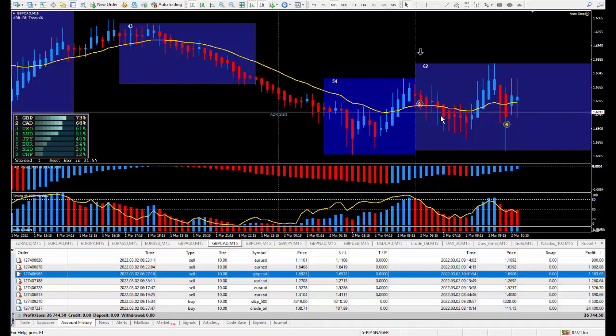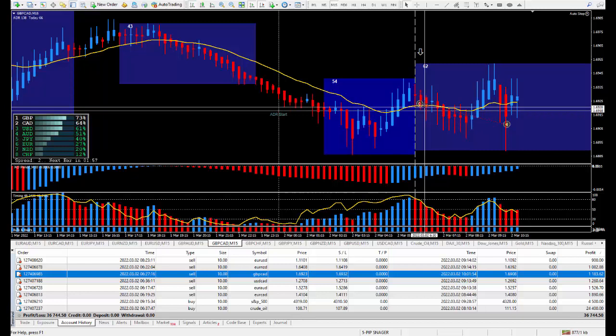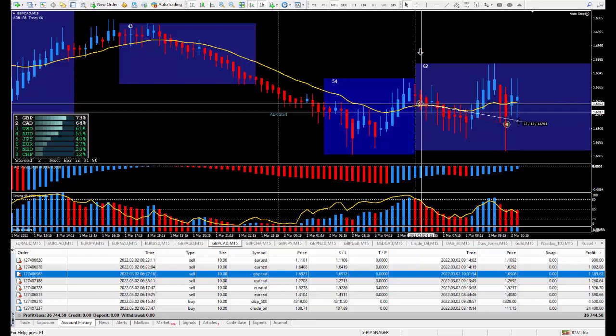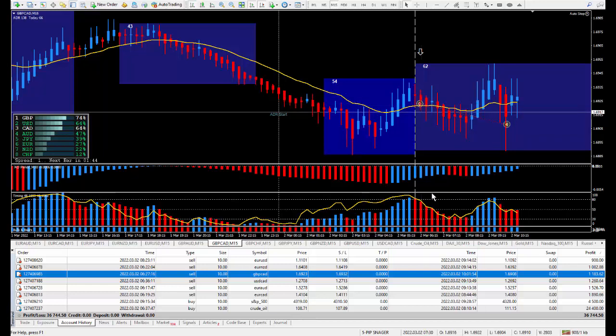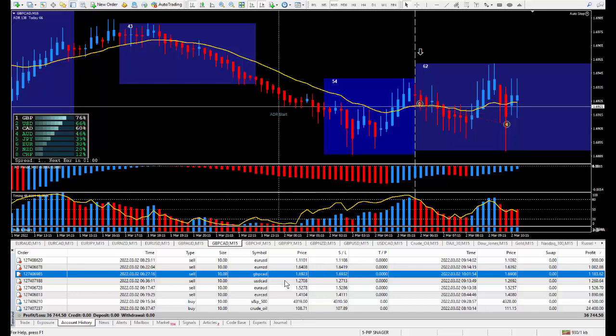And let's see where I got in at. Got in at this cursor, and I got out at this cursor, locking in about 14 pips. And those 14 pips on the Pound CAD paid $1,183.